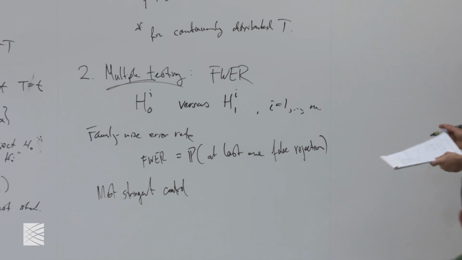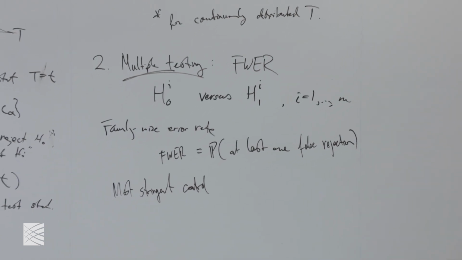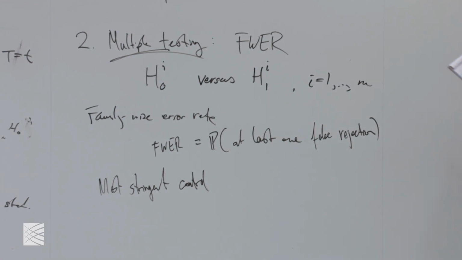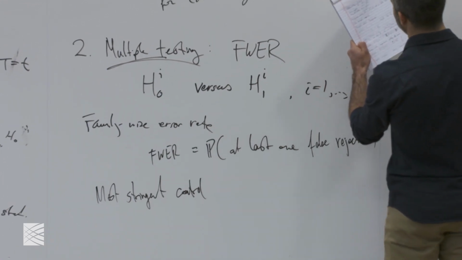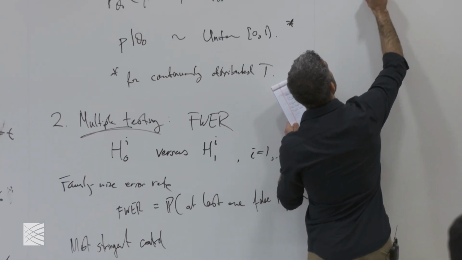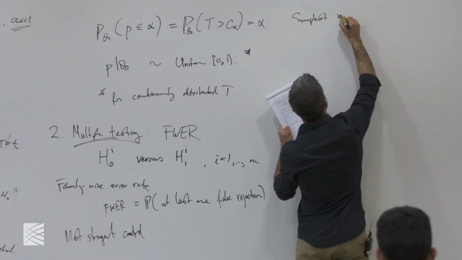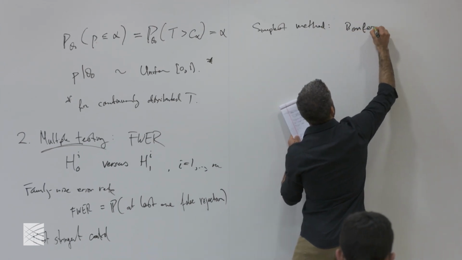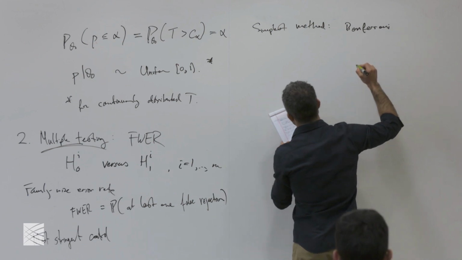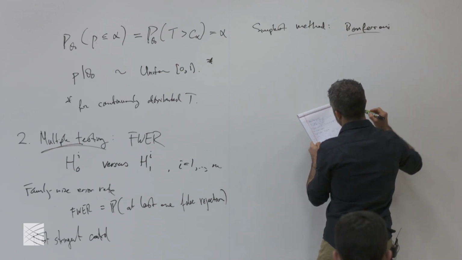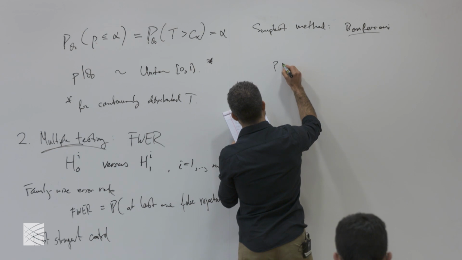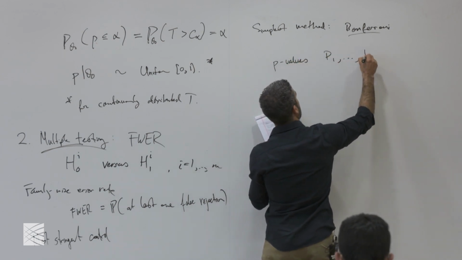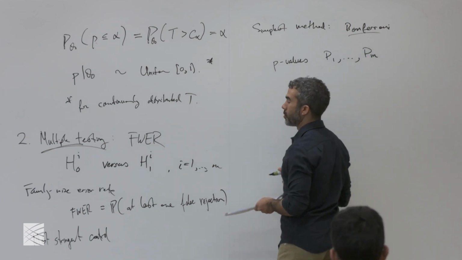And there's a very simple method that always works. People are nodding. People have heard of this. It's the simplest method. It's called the Bonferroni Method. And one takes the p-values corresponding to the tests.